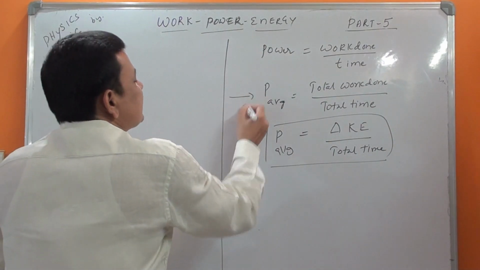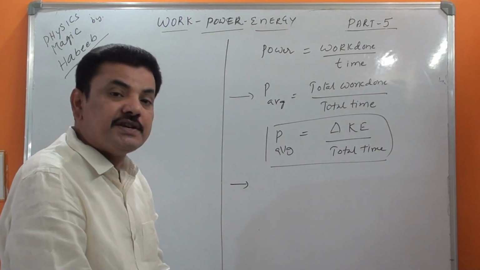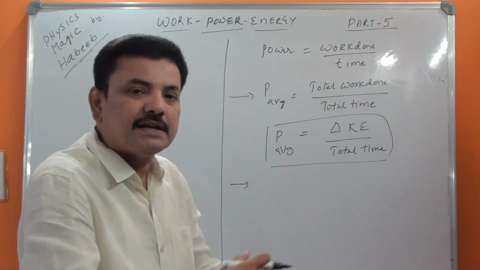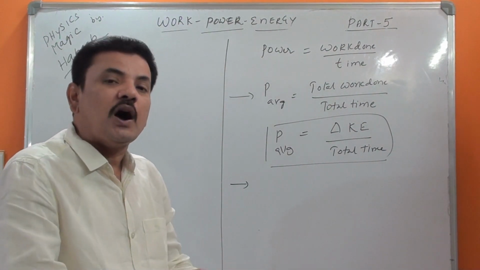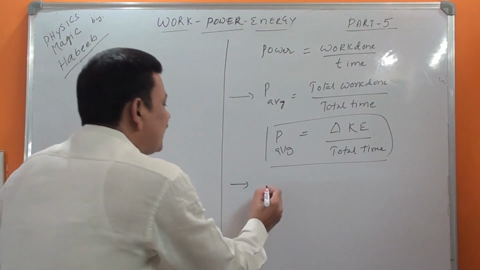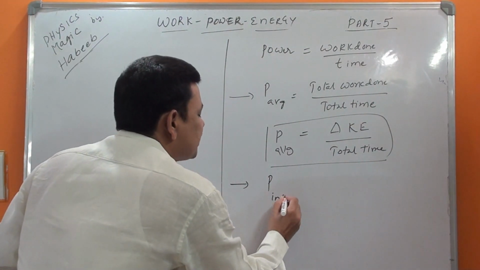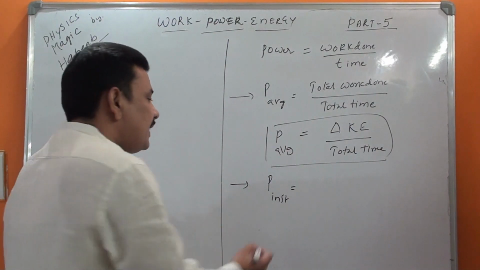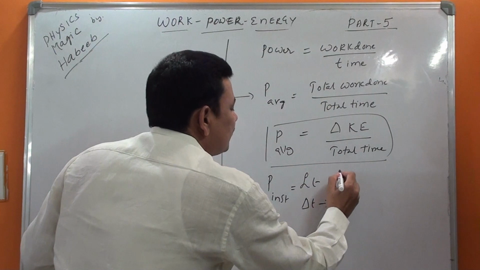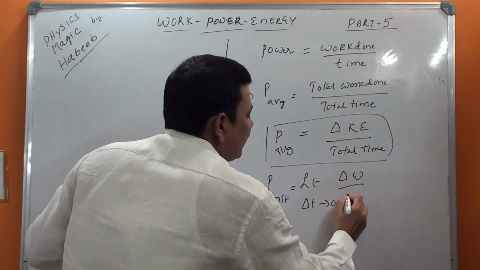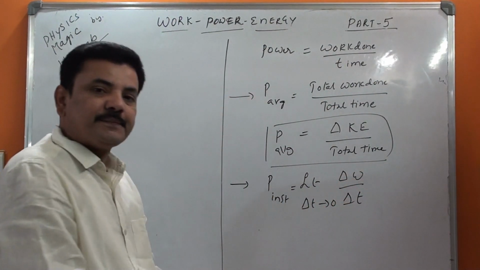Then the second one is instantaneous power. Means at any particular instant, if we want to find out the power, then how? So that formula is this one. P instantaneous is equal to limit delta t tends to 0 of delta w by delta t.